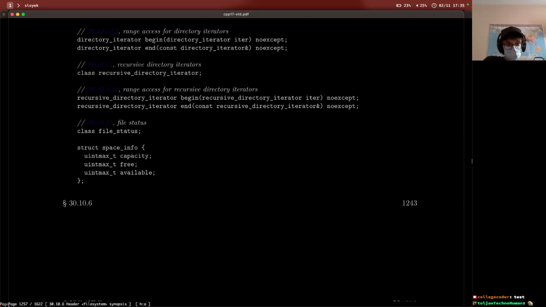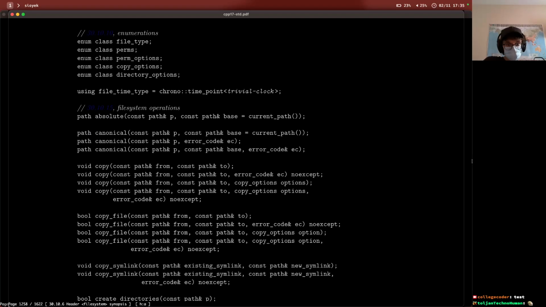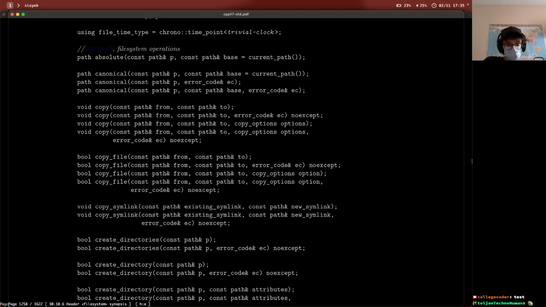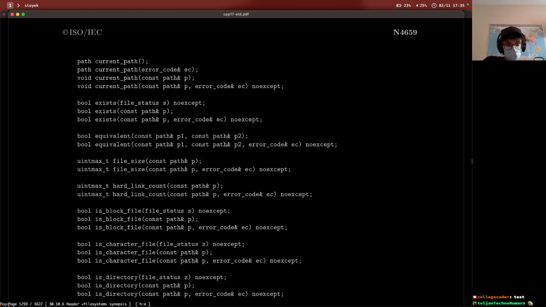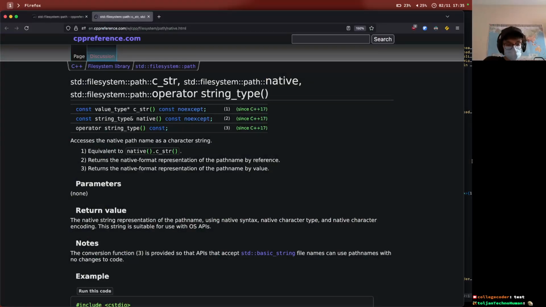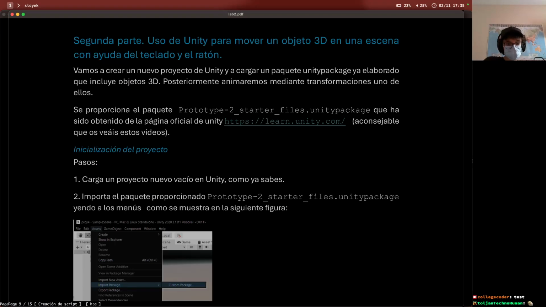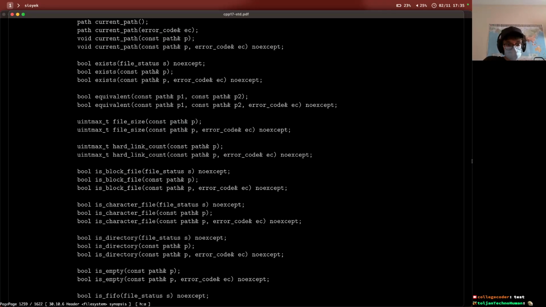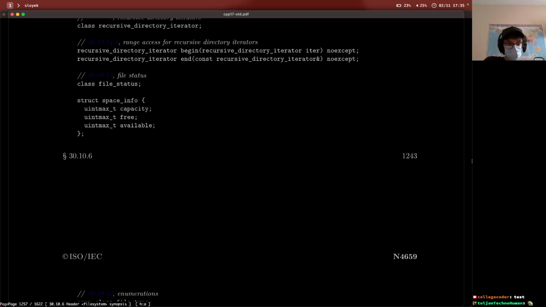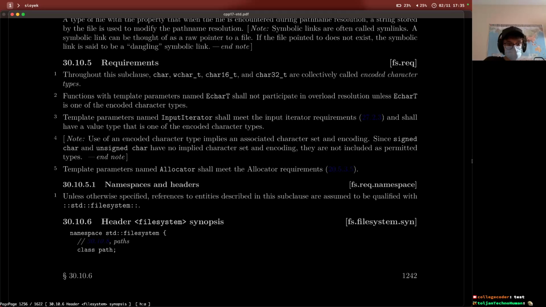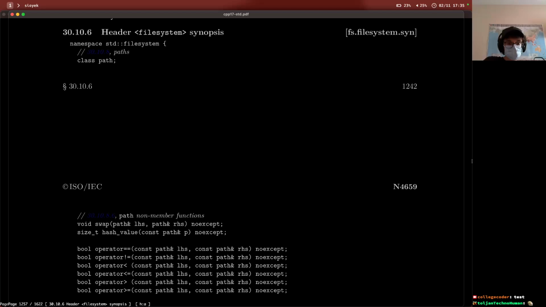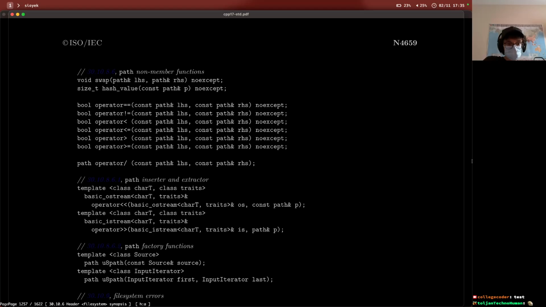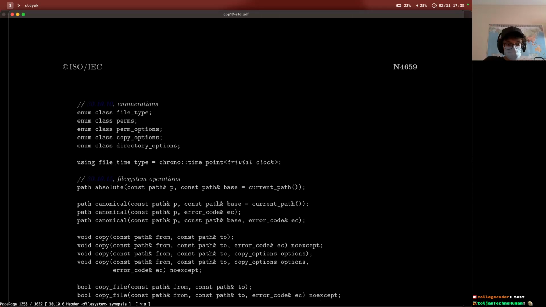Enum class. All right. What was I looking at? String type, yeah. Shouldn't that be at the start though? It's where they have the using things, the type aliases. What the hell?